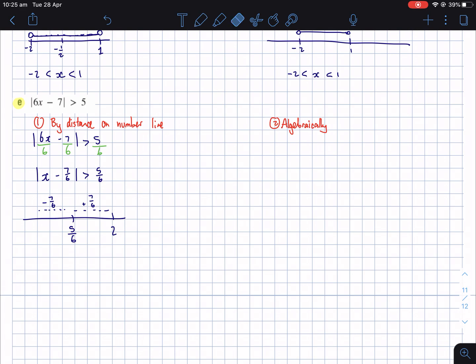Oh, I've done this the wrong way round. This should have been 5 on 6. No, I was right. No, this should have been 7 on 6. So 7 on 6 plus 5 on 6, well, still 2. 7 on 6 take 5 on 6 gives me a third.